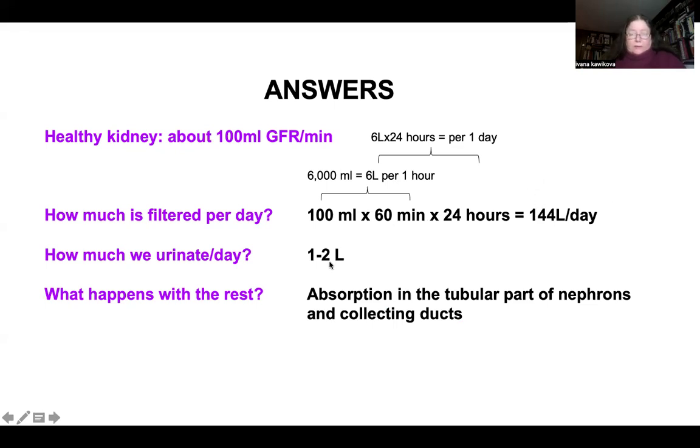We urinate 1 to 2 liters typically. And the question is, what happens with the remaining 142, 143 liters? All that water, all that fluid, including electrolytes and amino acids and glucose, gets absorbed back in the tubular parts of the nephrons. And we will talk about it in the next part.